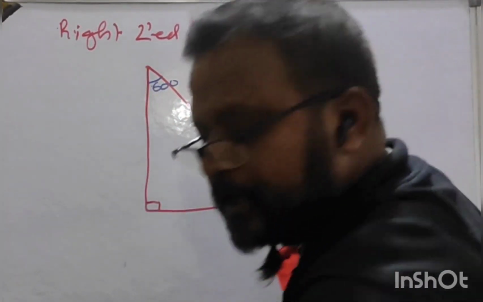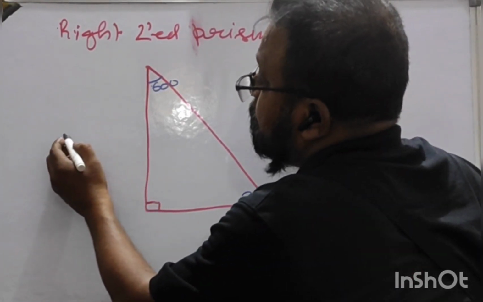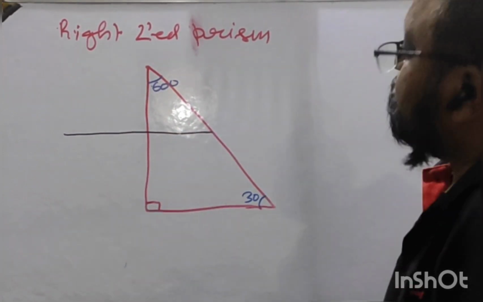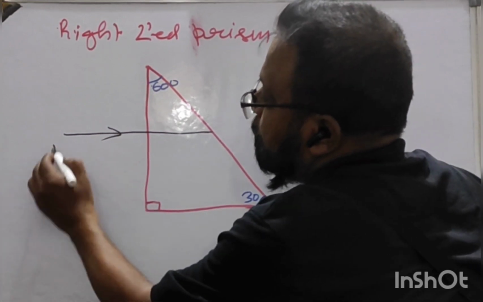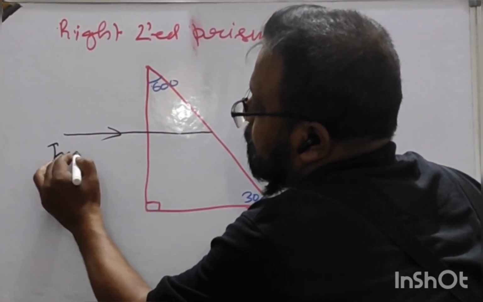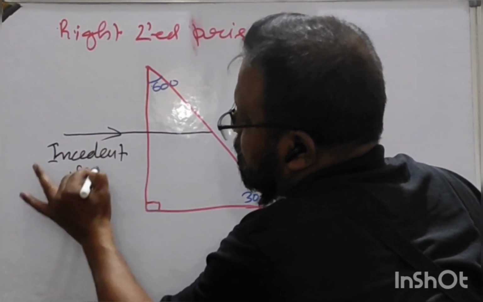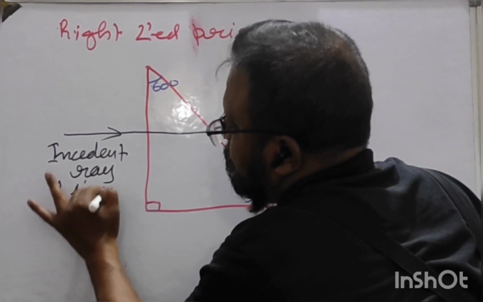If an incident ray comes like this, this is the incident ray. Angle i is equal to 0.